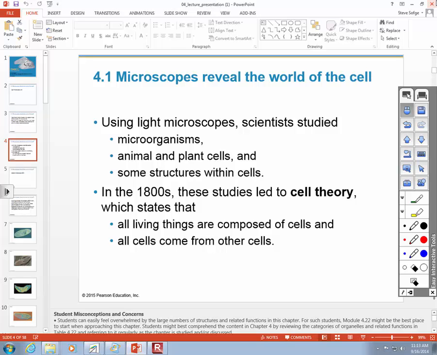But they did have that hypothesis. And then later on, people went, no, that's ridiculous. That doesn't happen. Only cells can produce other cells. It's the only way it works.